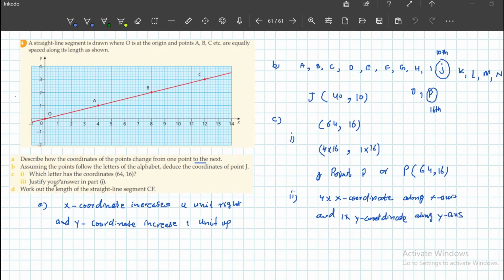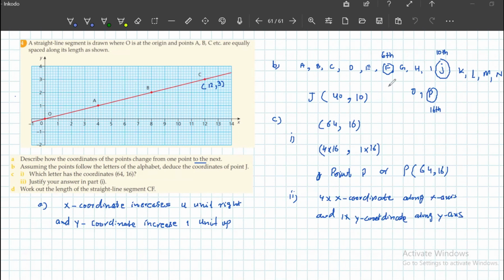Next part, he wants us to work out the length of the straight line CF. So we must know the point C. C is 12 units right and 3 units up. And F is on the sixth position of the alphabet.